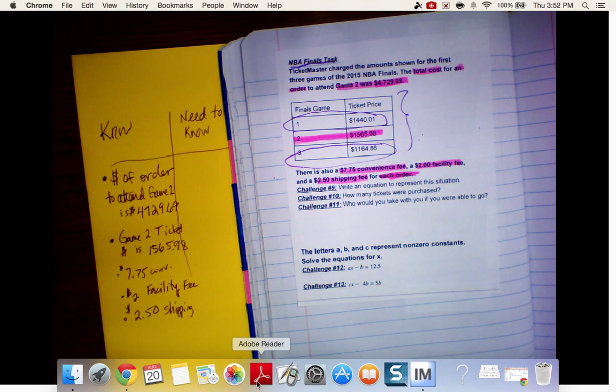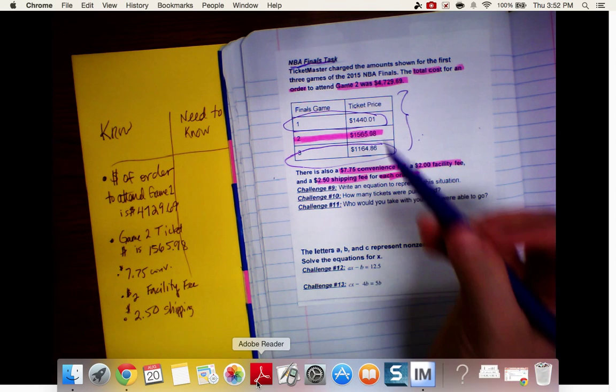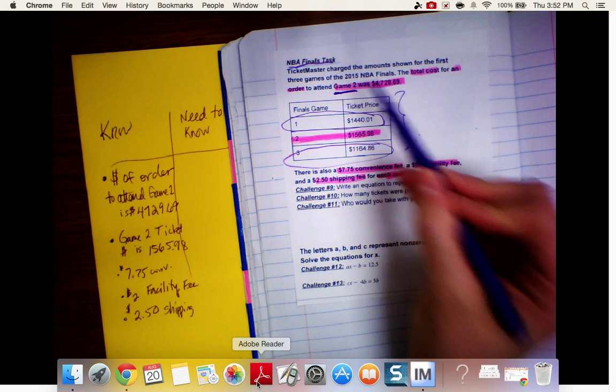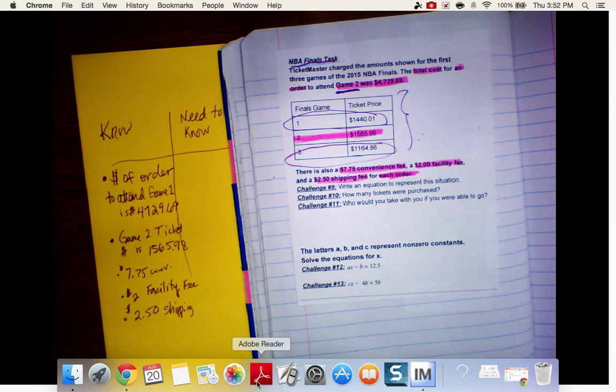And my question is, are we going to use that information to represent us going to Game 2? We would not actually need that information, but it's important that if given a diagram of some sort or a chart, the students can actually pick out what they need.